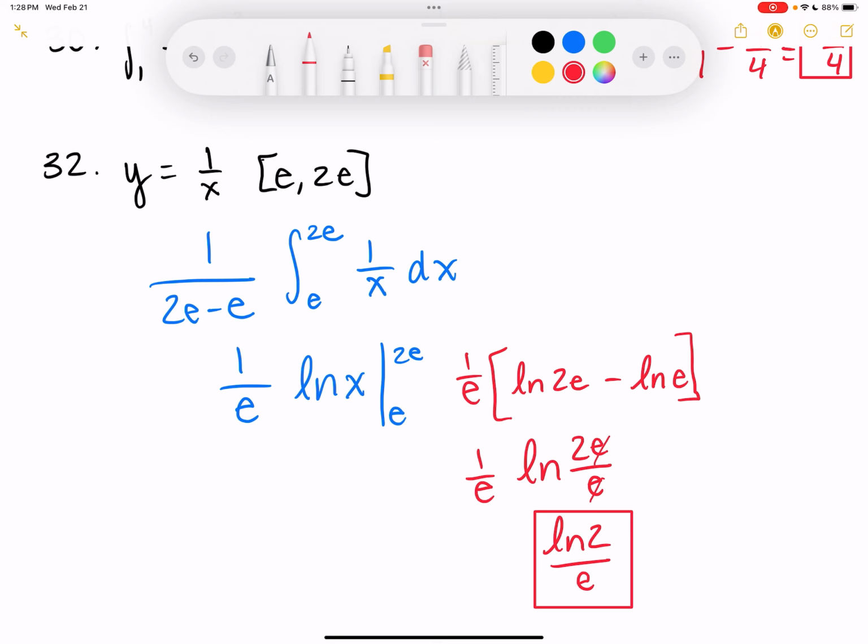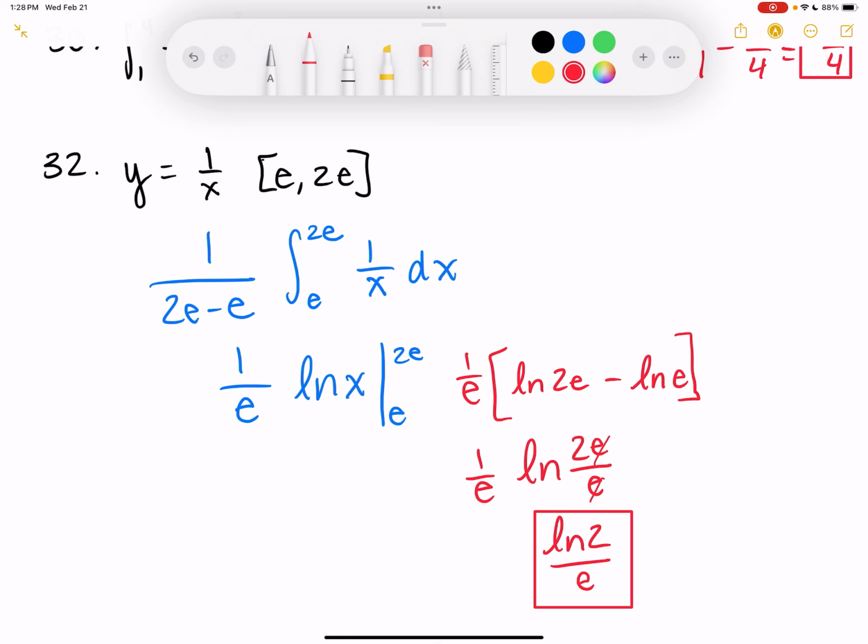So let's review some rules of logs. What's the log of a product equal to? The sum of the logs. The log of a quotient is equal to the difference of logs. And when you have a power in a log, you can throw it out front. Those are key things to remember.